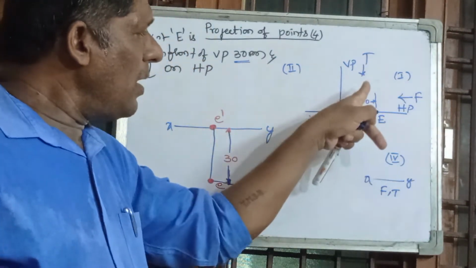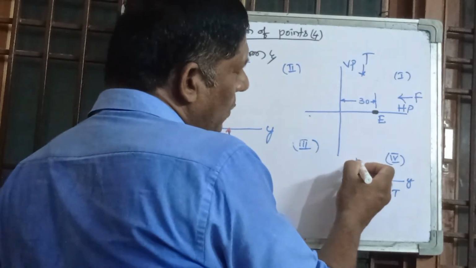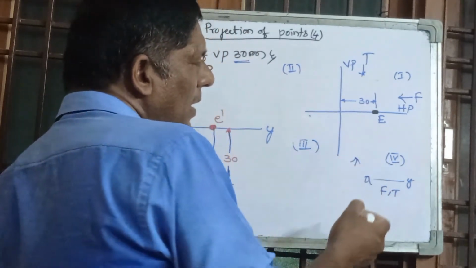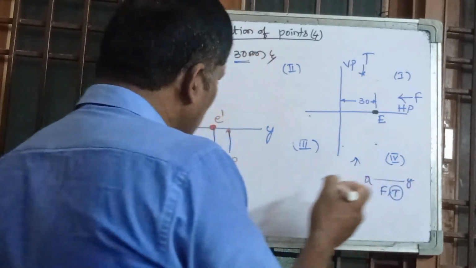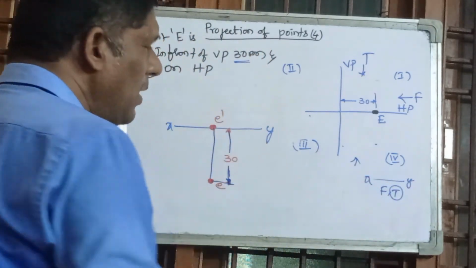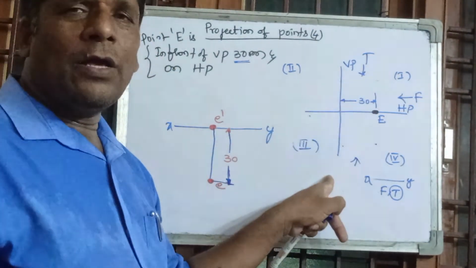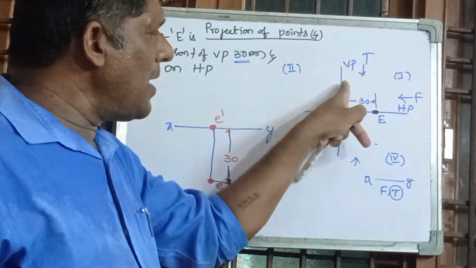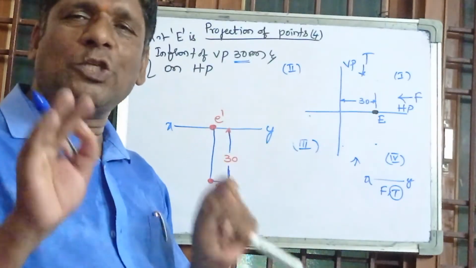And if you observe the top view from this side, what will happen? This gap is visible, but the top view is below XY. Automatically we are getting it below XY. So in the examination, if any such integrated points are there, you can directly assume that the point is on the XY line, meaning the point is on HP or VP.